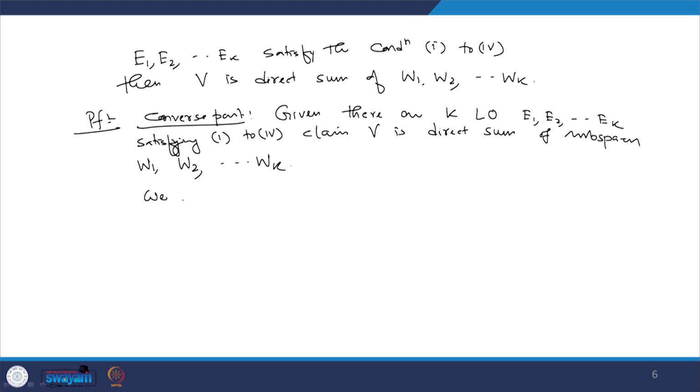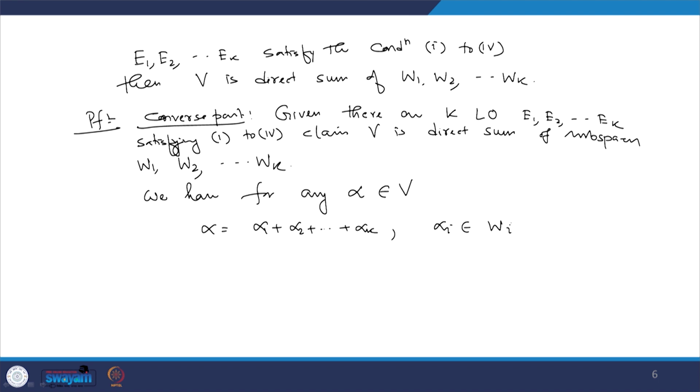We have, for any element alpha belonging to V, alpha equal to alpha 1 plus alpha 2 plus alpha k, where alpha i belongs to Wi. This is because it is given to us that I equal to E1 plus E2 plus Ek.